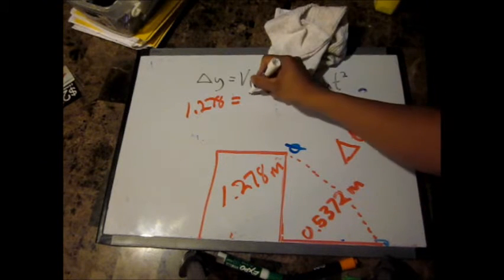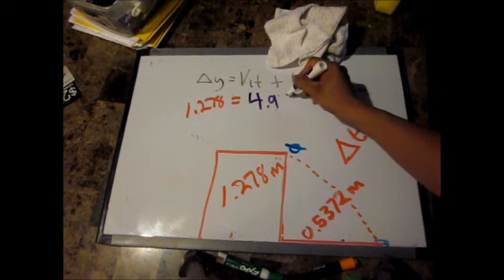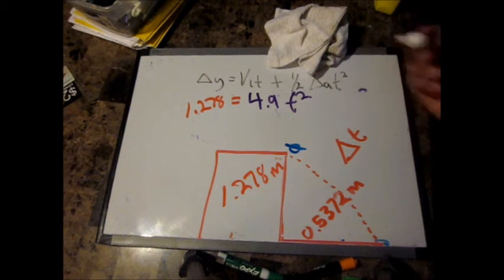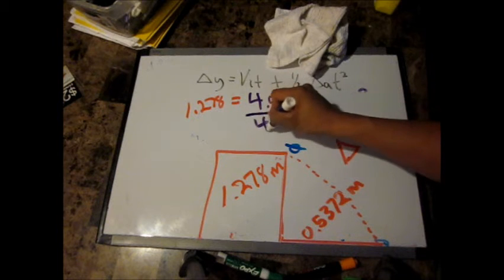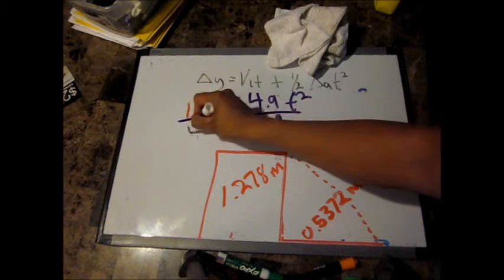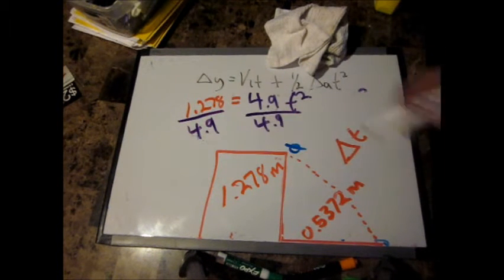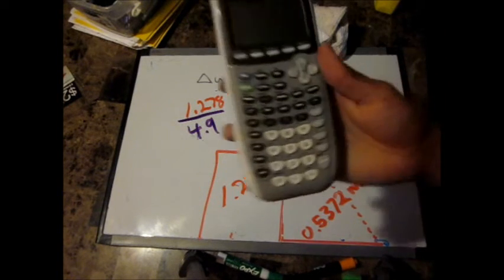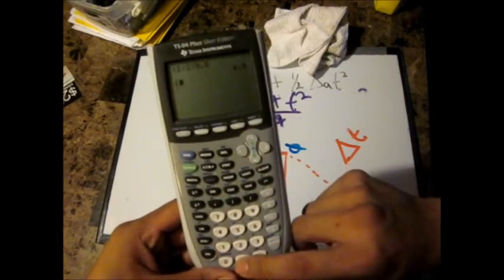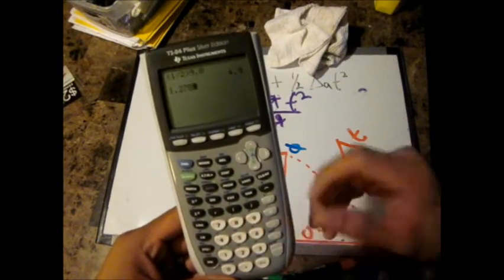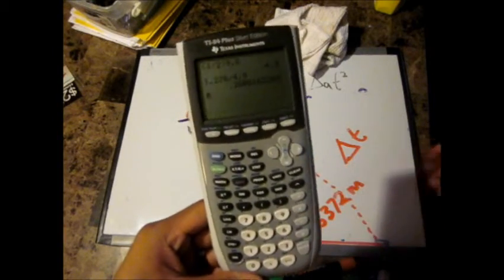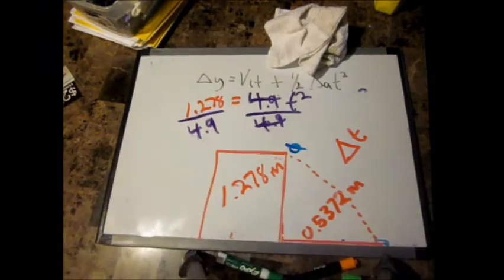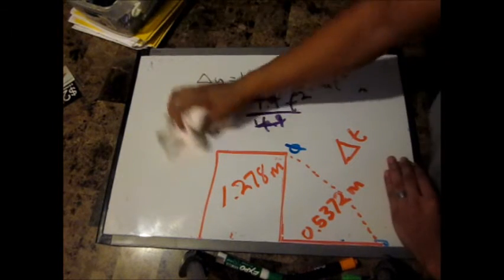We have 4.9 t squared. And remember, to isolate the t, we're going to divide by 4.9, divide by 4.9. These cross out, and we're isolated with just t squared. And we put in the trusty calculator, 1.278 divided by 4.9, and we get 0.268. So let's go ahead and write that new number in.